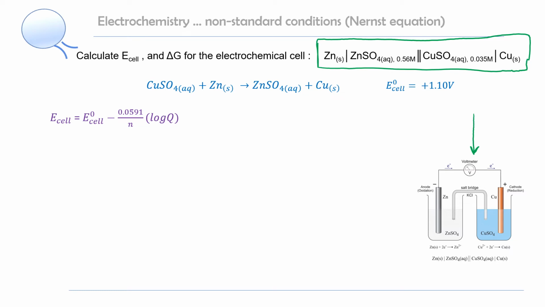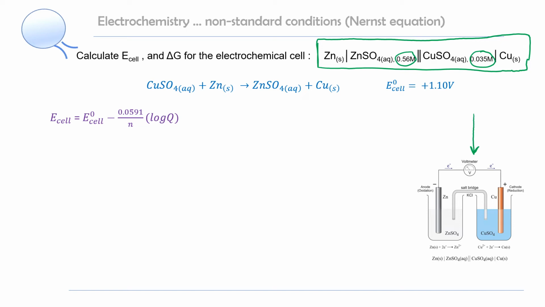Okay, so notice that the solution of zinc sulfate here has a concentration of 0.56 molar, and the solution of copper sulfate is 0.035 molar. So we are not at 1 molar concentration units, so we are not under standard conditions.